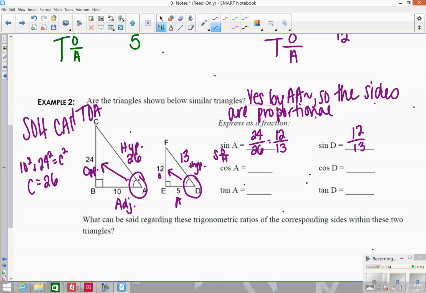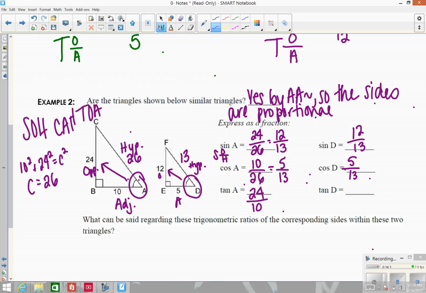So if we look at cosine, this will hold true as well. So 10/26, adjacent over hypotenuse. If you reduce that one, 10/26, we get 5/13. Look at cosine D, adjacent over hypotenuse, so the same. Tan A is going to be opposite over adjacent, so 24/10.